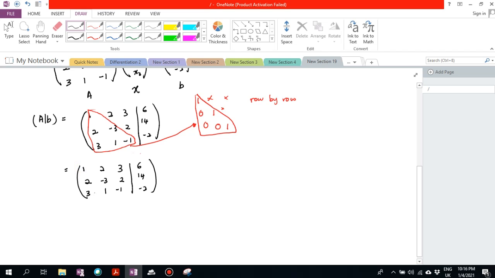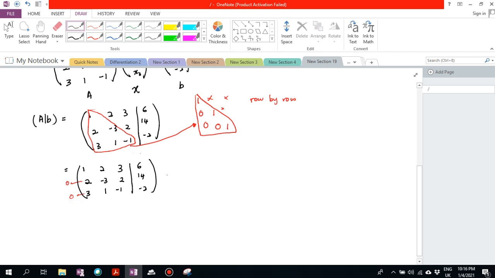First of all, we need to eliminate by row. For example, we want to eliminate this entry to become 0, and you want it to become 0 here.